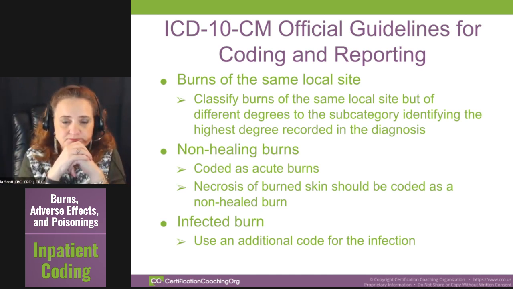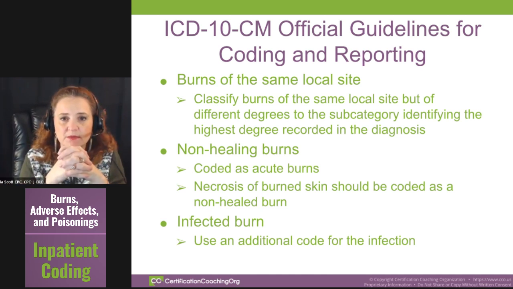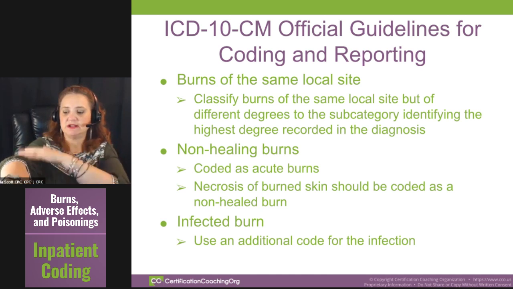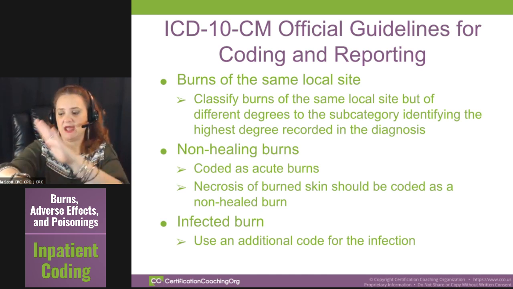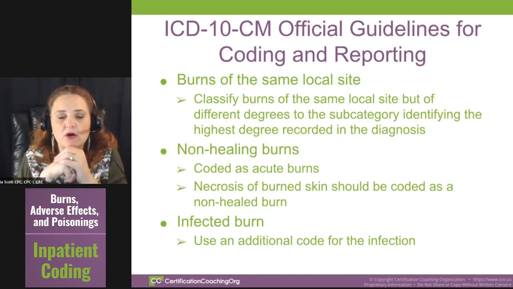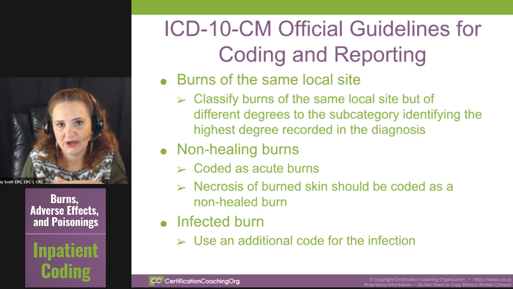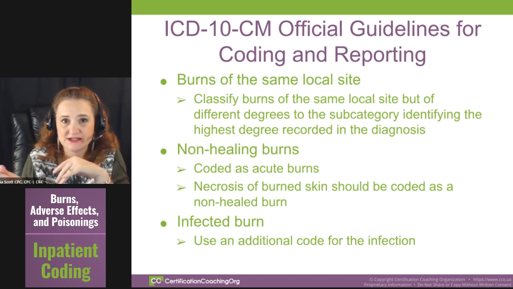Everything's divisible by 9, ultimately, is the way it's divided up. So this whole extremity, if I have multiple burns, like on my hand, my arm, and up here in the upper part of my arm, that is still one site. Okay, that's my upper extremity right side.